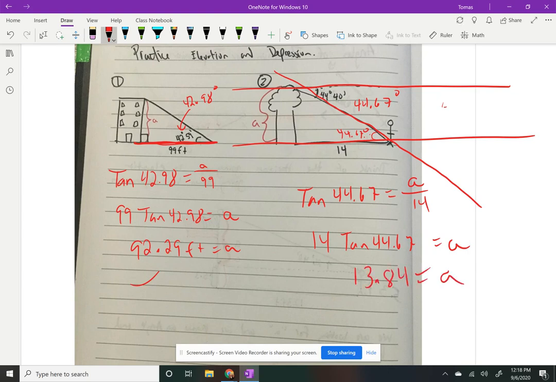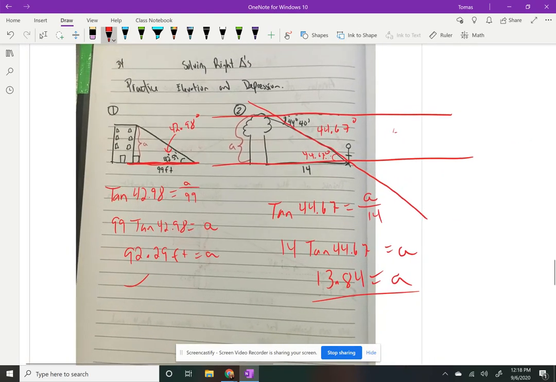Okay. I did not put a unit here, so we're just going to leave it like that. Okay. So that's how we do these problems. Not too bad. Not too bad. Just using the tangent now.